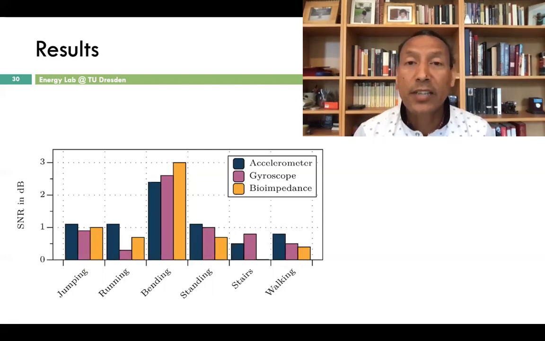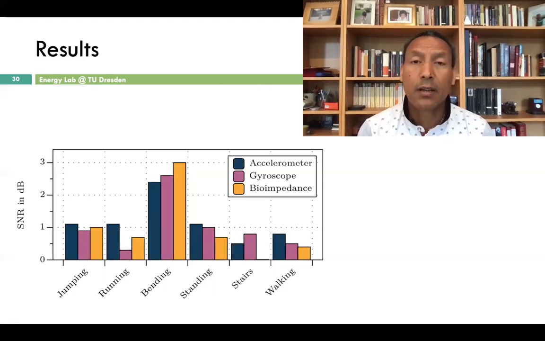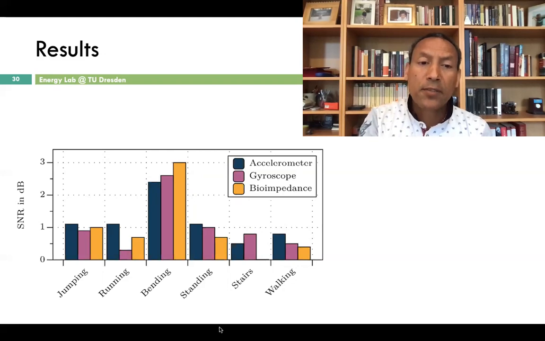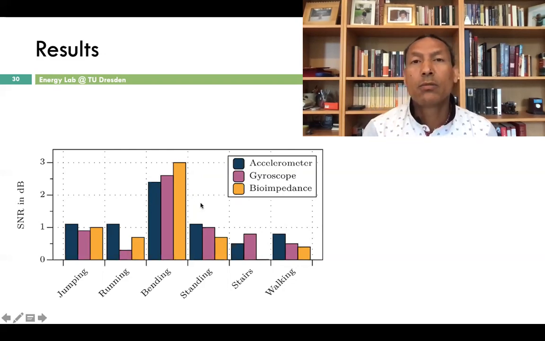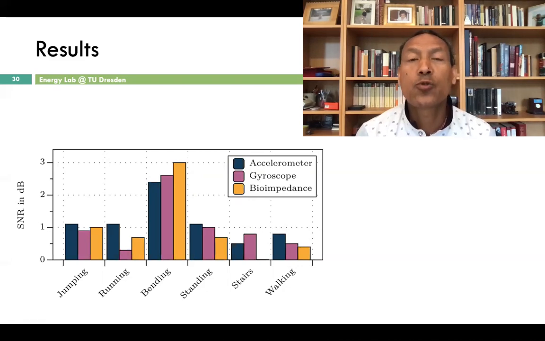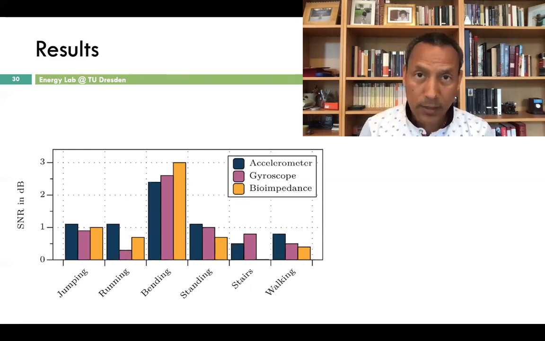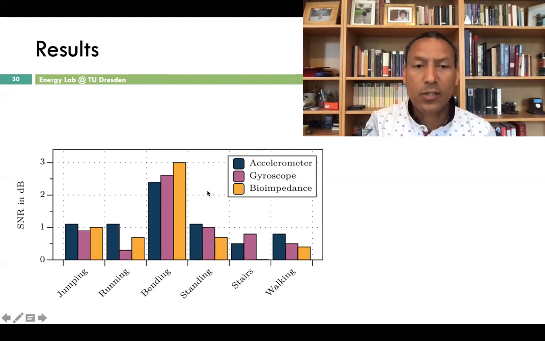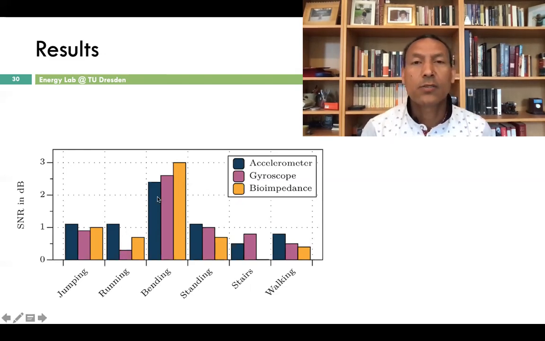They can be detected with different levels of accuracy, but for bending, for example, we can use all types of motion sensors to remove motion artifacts, but the most important channel was the bioimpedance, followed by the gyroscope and then by accelerometer sensors.